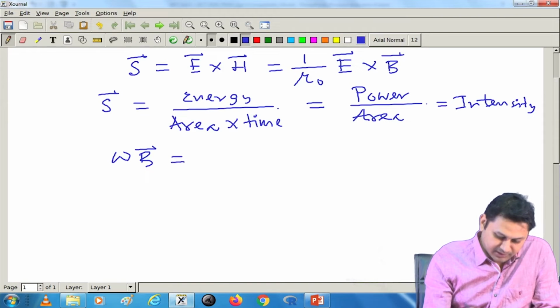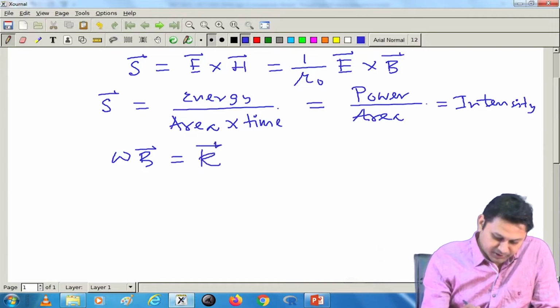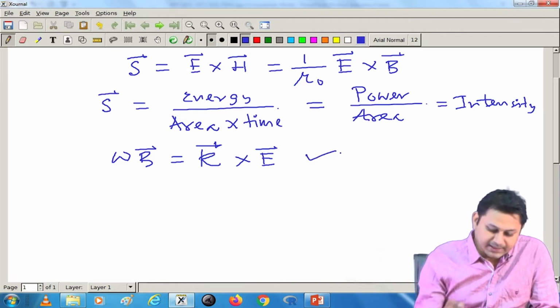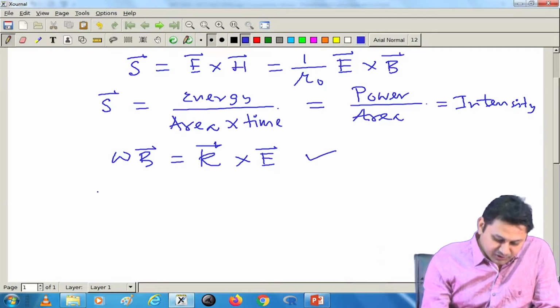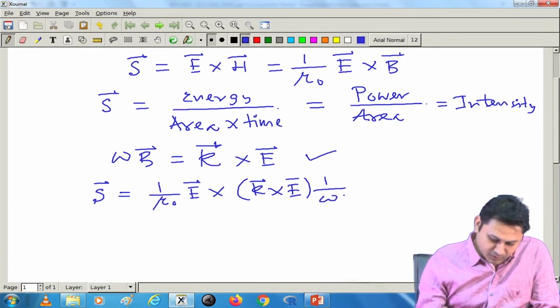We have the frequency omega multiplied by B is equal to the propagation vector k cross E. I am going to use this equation to find the expression of S in terms of the electric field E. So, S will be 1 by mu 0 vector E cross, and in place of B I put k cross E divided by frequency omega.